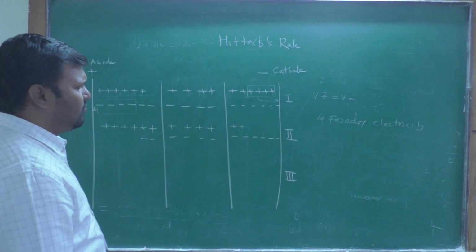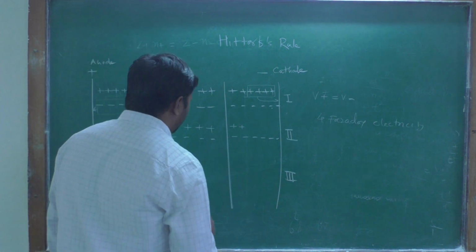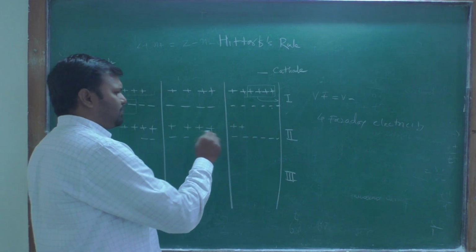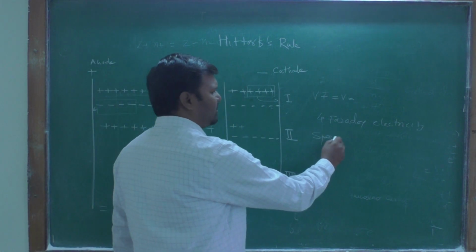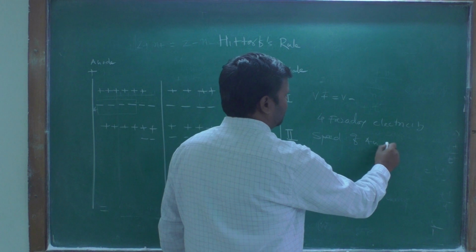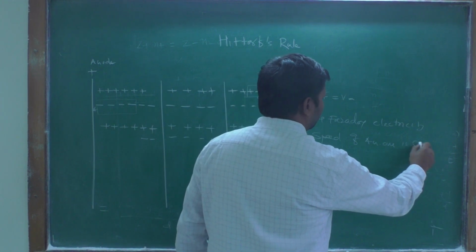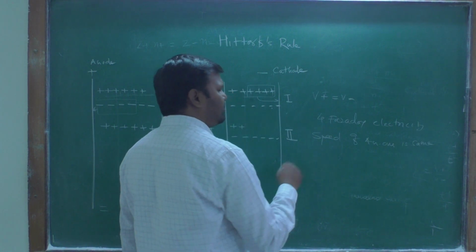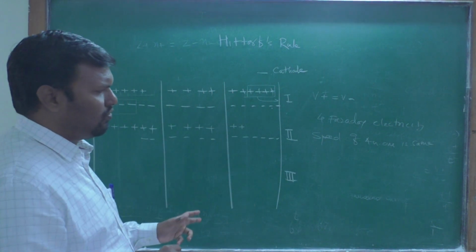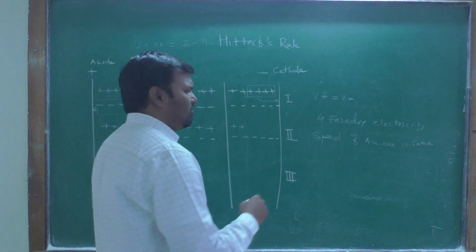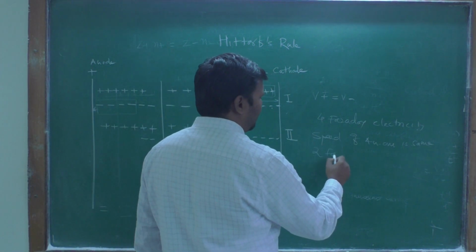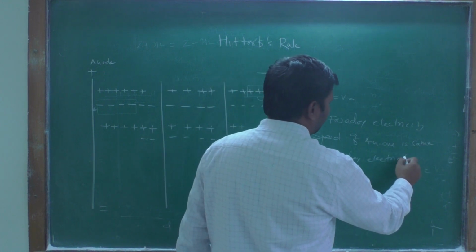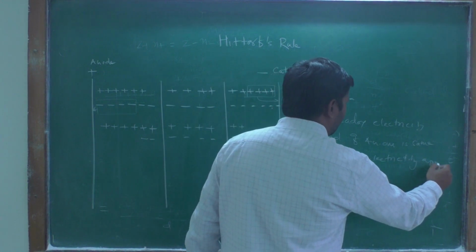Second stage, you apply that the speed of cations and anions is the same. First thing, the speed of anions and cations is the same, and we know that for each ion, 2 Faraday electricity is applied.